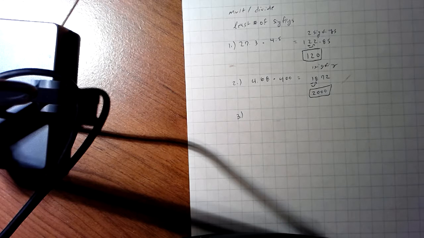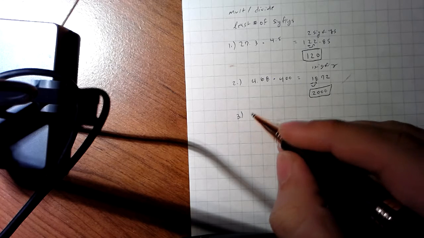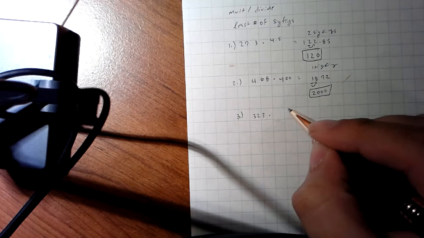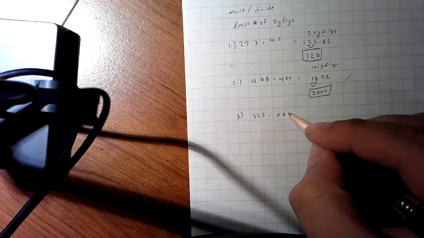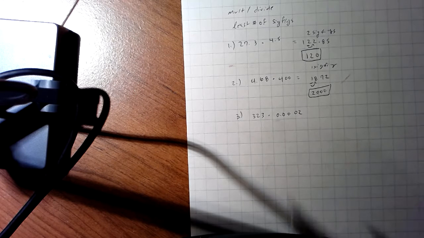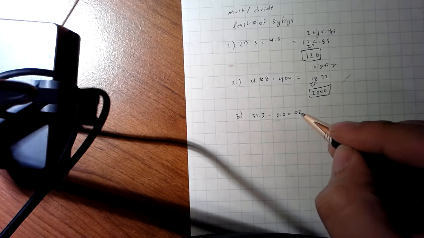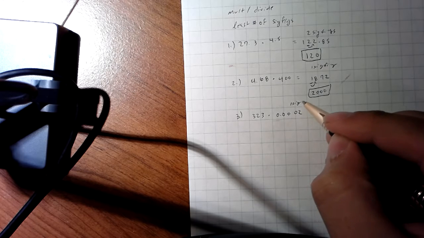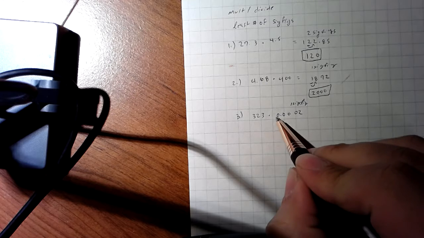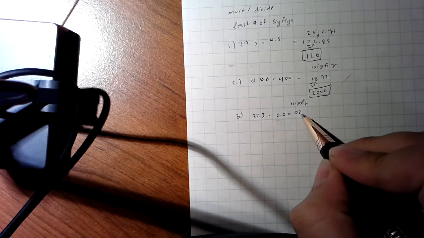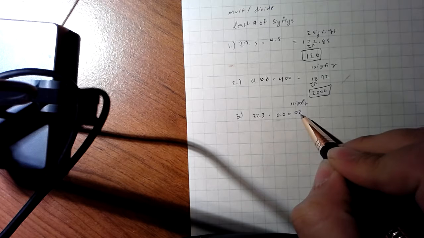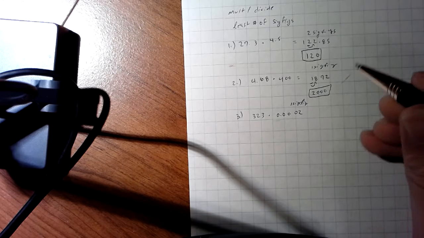I can look at number 3. That is 323 multiplied by 0.0002. Again, the number on the left has 3 sig figs. The number on the right has only 1 sig fig. Why 1 sig fig? Because with 0.0002, all of the zeros before that first non-zero digit are not significant.